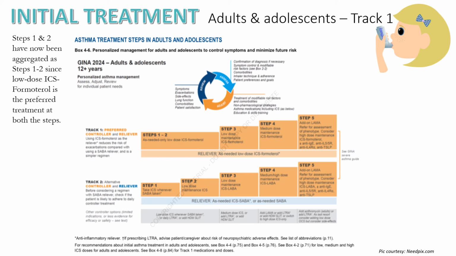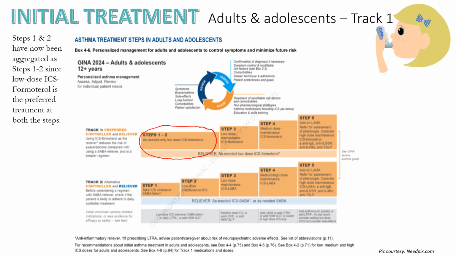I think in GINA 23 also the steps were the same, but this has been mentioned separately, so I have written so. Steps 1 and 2 have been aggregated as one because as needed low dose ICS formoterol was the preferred controller therapy in step 1 as well as in step 2.